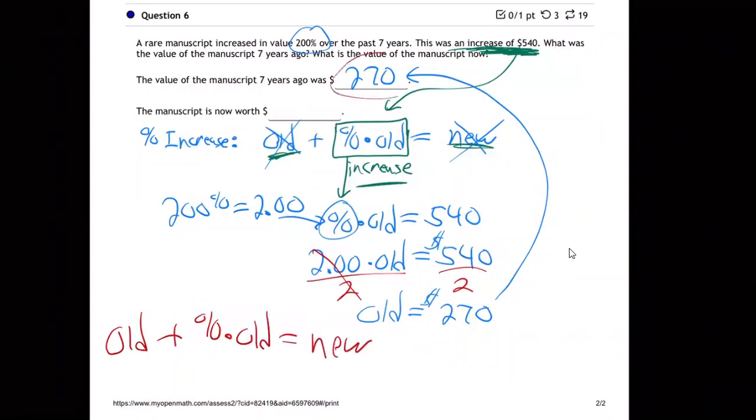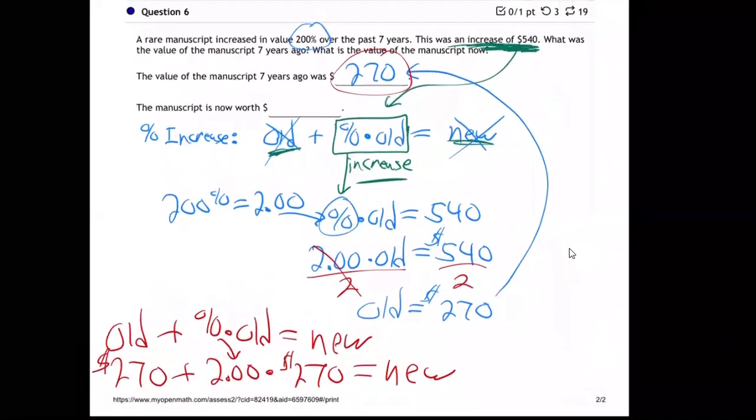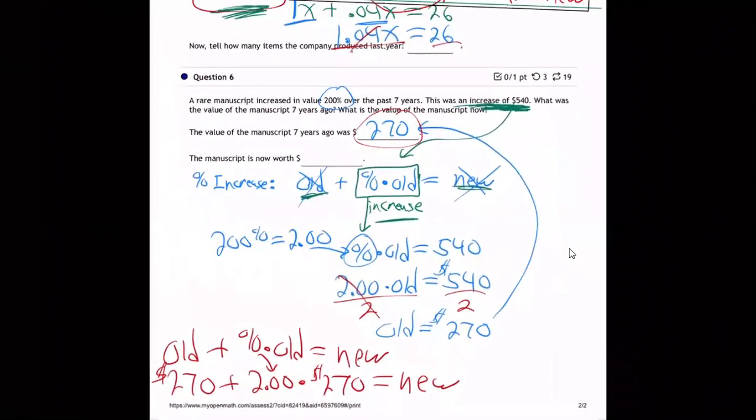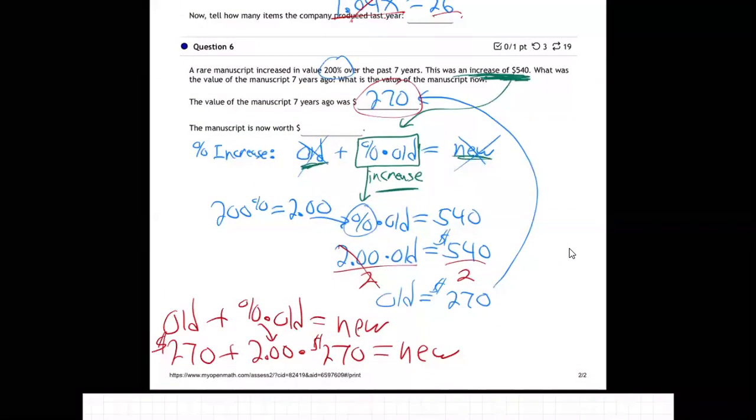So the old price, 270, that's now the old price we know, plus the percentage, which is 200%, which is 2.00 decimal, times the old price of 270 will give us the new. Just like that. Is that making sense there? So 270 plus 2.00 times 270 will give us the new.